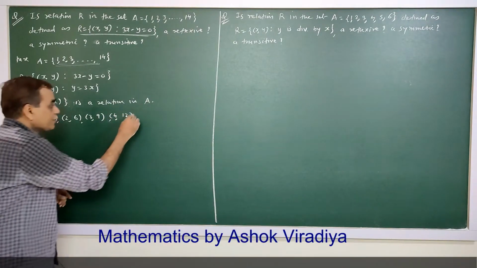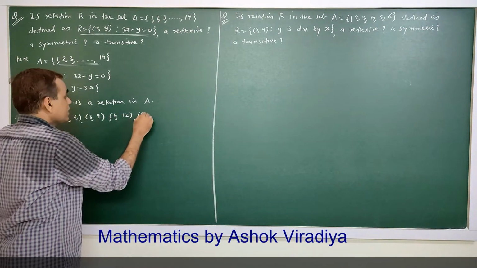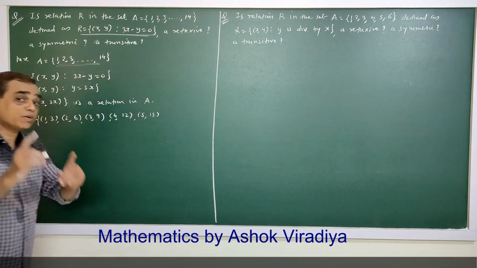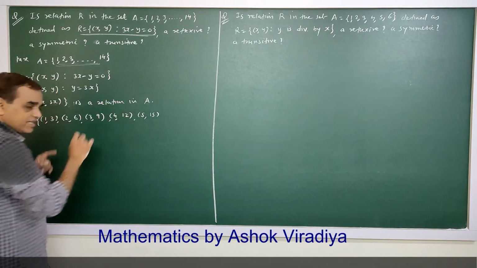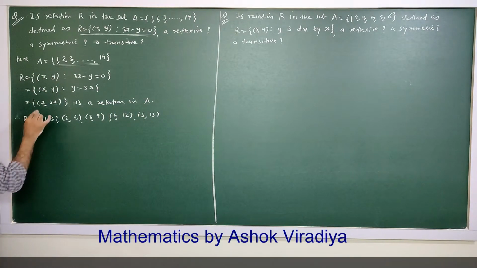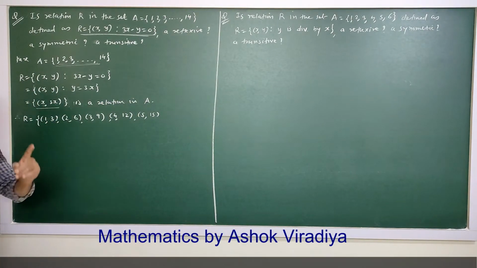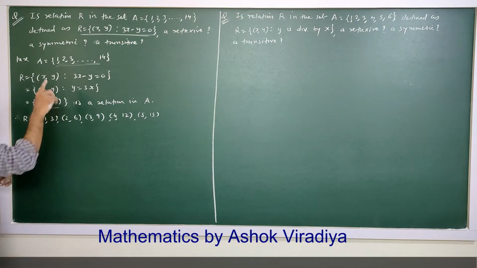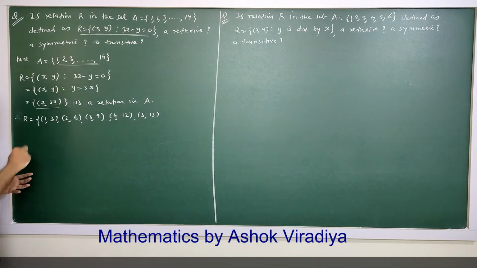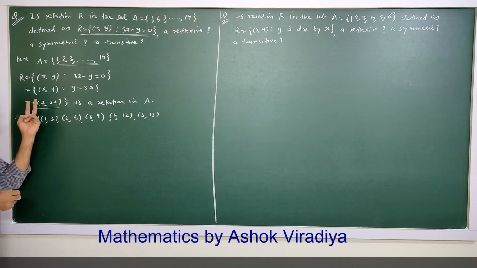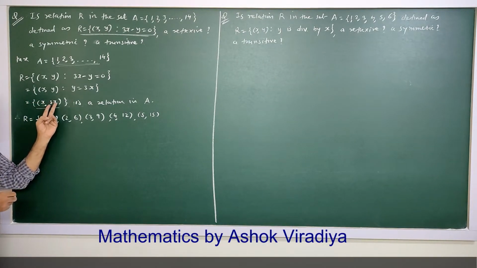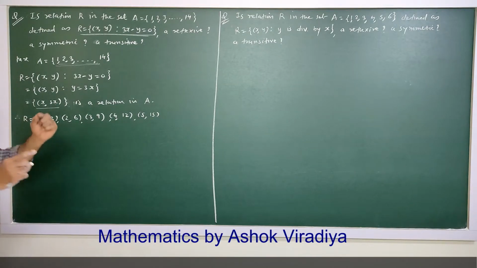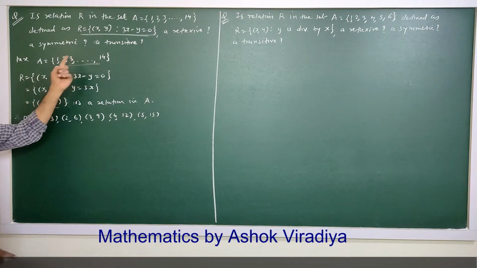If x is 5, this will be 15. But since this is a relation in A, this set must be a subset of A cross A. Both elements, in the first place as well as the second place, must belong to A.